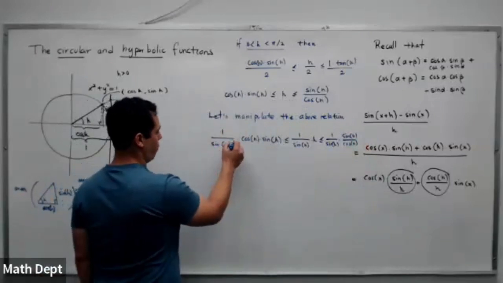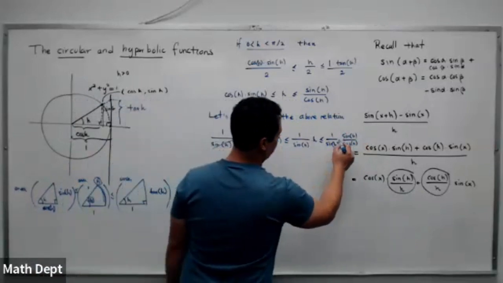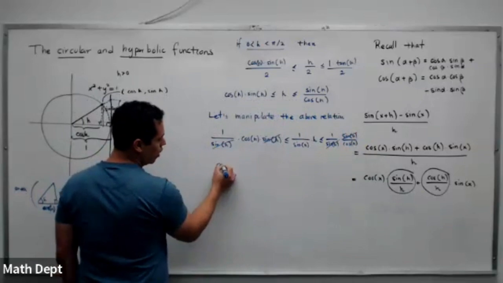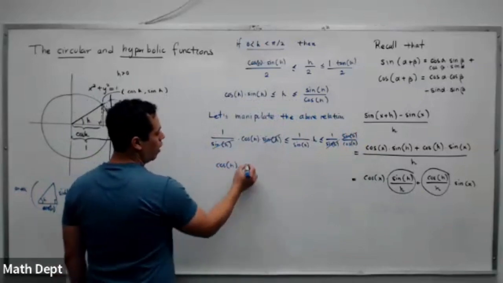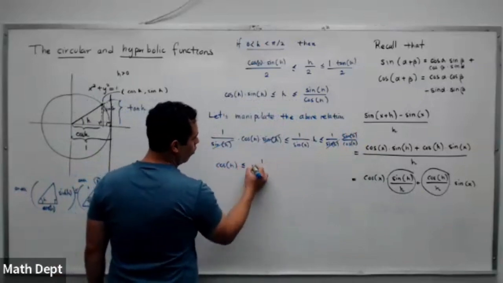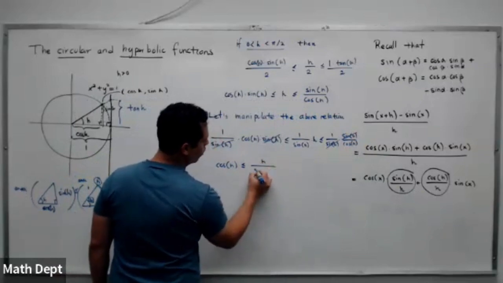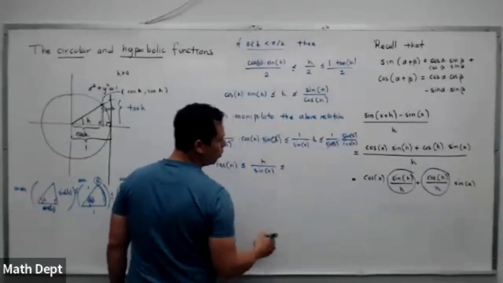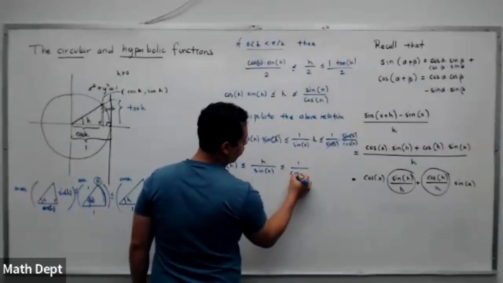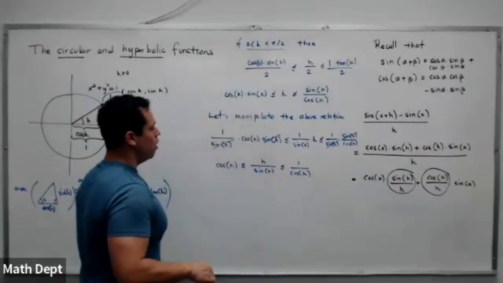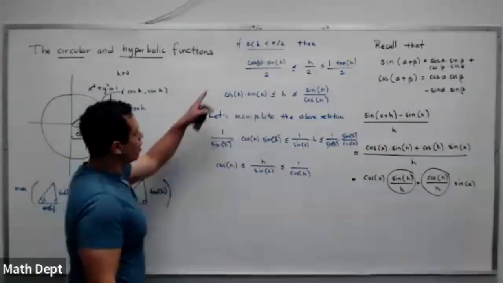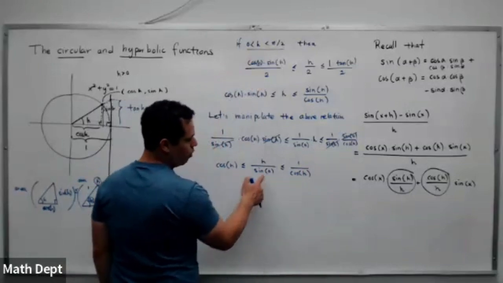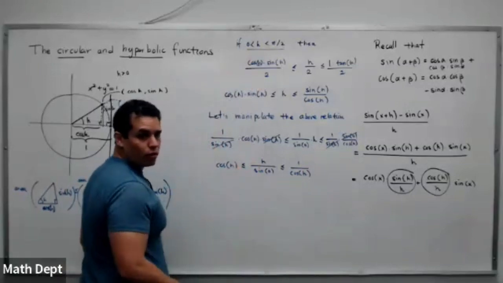Then right after that, I can say the following. Look, this would cancel, this would cancel, and this expression simplifies to: cosine of H is less than or equal to H over sine of H, which in turn is less than or equal to 1 over cosine of H. Then, since we're working here, this quantity is different from 0, this quantity is different from 0, and this quantity is also different from 0.